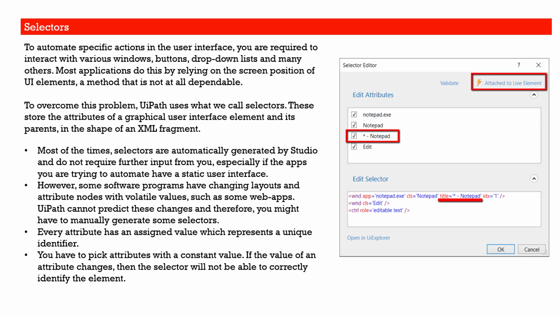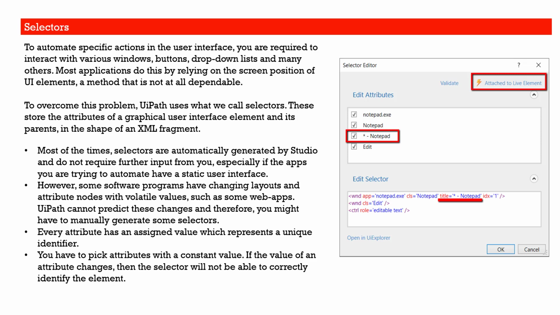For interview purposes, keep in mind that every selector has attributes and each attribute has an assigned value, right? So you have to make a selector in such a way that the assigned value represents a unique identifier.